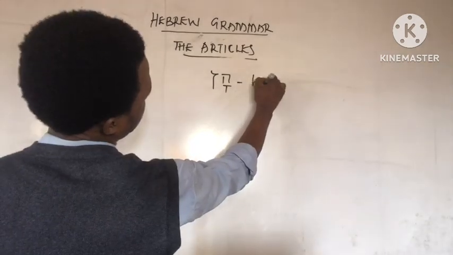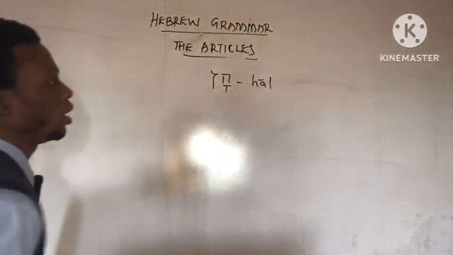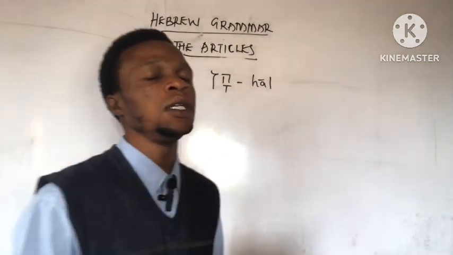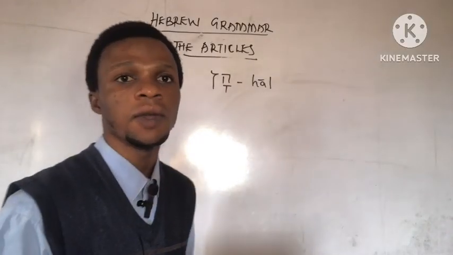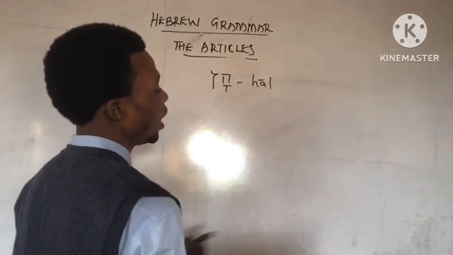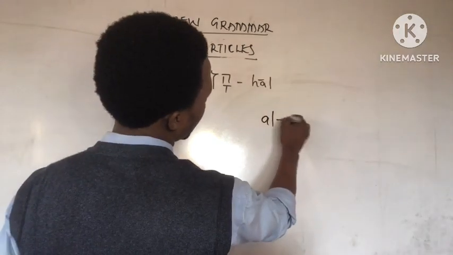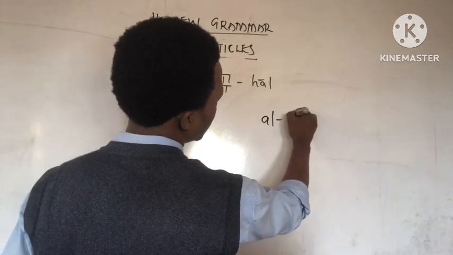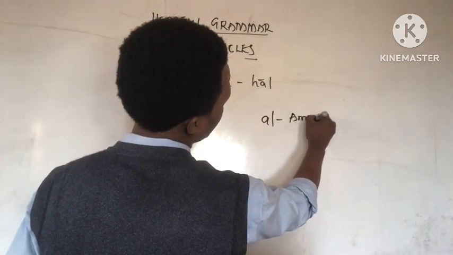If you compare it to the Arabic style, it is the same al that we have in Arabic, like al-Amin, which means the trustworthy. Sorry if I wasn't able to write it well.